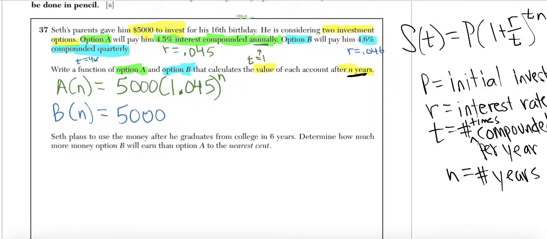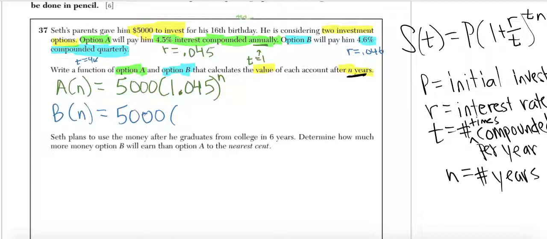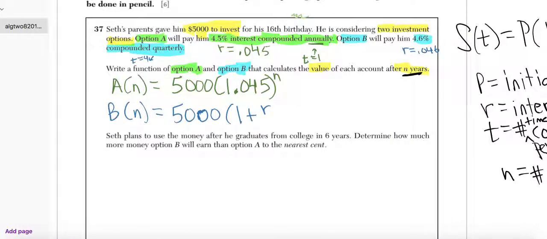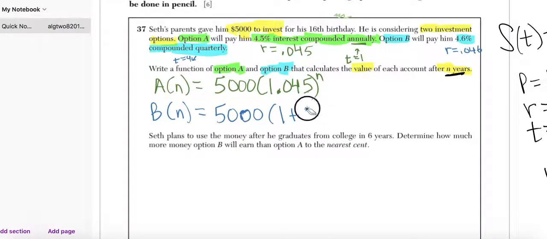If we use the formula, guys, and you have to memorize this, it's not given to you in the reference table. It's very similar to regular exponential growth. So plus r, we know r is 0.046. Only the 0.046 is being divided by the 4, the number of compounds per year, all raised to the 4n power.